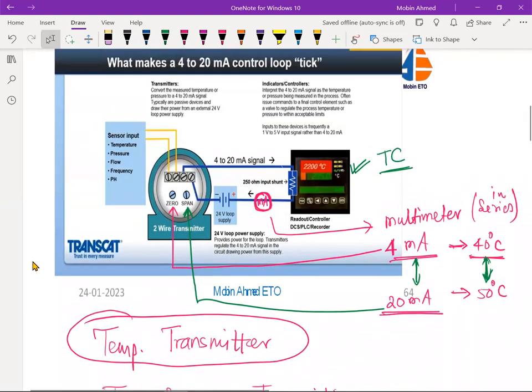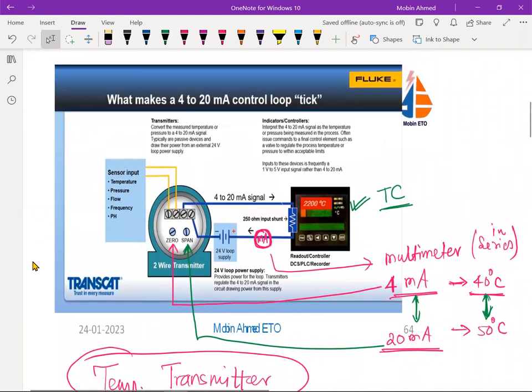For this calibration you need to put the multimeter in series. Suppose you are going to give the range here: I have kept the PV to 10 degrees centigrade, that is the proportional band.